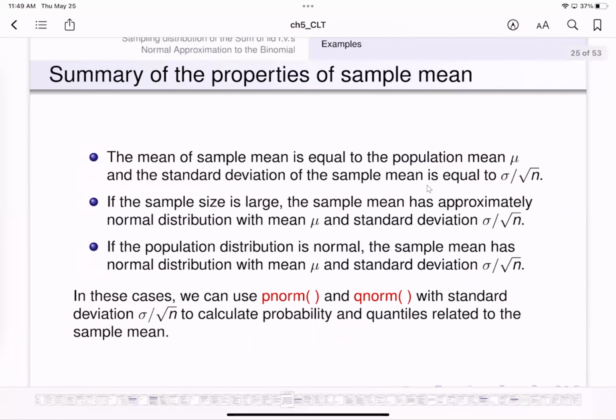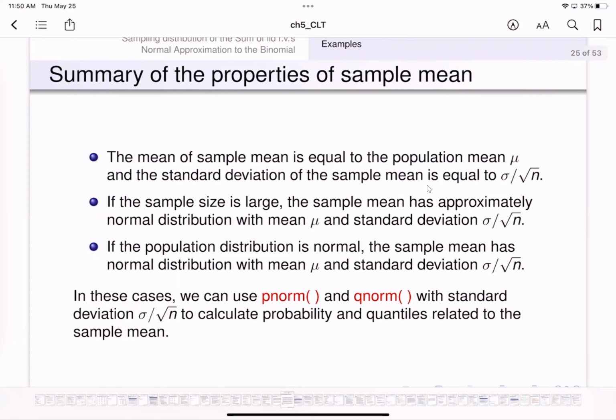Summary for the properties of the sample mean. The sample mean is a random variable. When you have different samples collected and you compute the sample mean, it changes from one sample to another. If you look at the distribution of these calculated sample means, these values are going to be centered at the population mean mu.